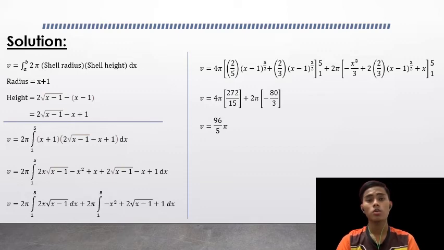V equals 2 pi integrated from 1 to 5 of 2x square root of x minus 1 minus x squared plus x plus 2 square root of x minus 1 minus x plus 1 dx. And then V equals 2 pi from 1 to 5 of 2x square root of x minus 1 dx plus 2 pi integrated from 1 to 5 of minus x squared plus 2 square root of x minus 1 plus 1 dx.